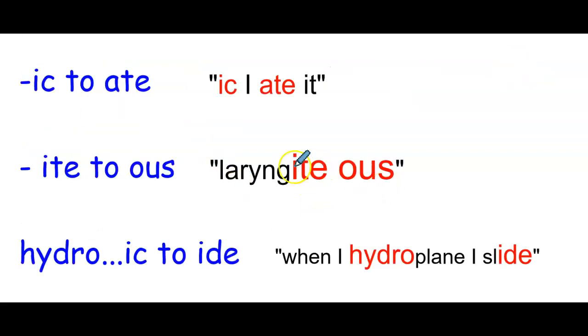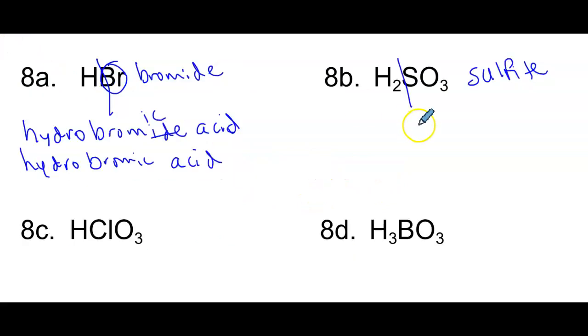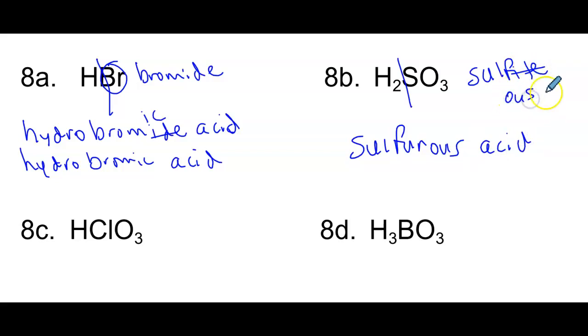Ites become ous, ite to ous. So this is going to be sulfurous acid. Unfortunately with sulfur, it's not just as simple as adding the ous acid. You have to go back to the root word of sulfur for all the sulfurous, sulfuric, sulfite, sulfate, all those.